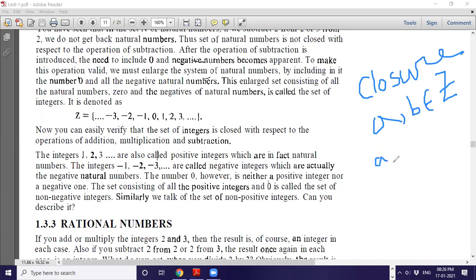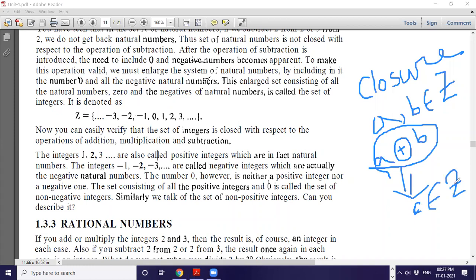Then A operation B, say this is the operation being performed between A and B. And if the result of this operation, say C, is also found to belong to Z, then we will call this set closed with respect to this operation.